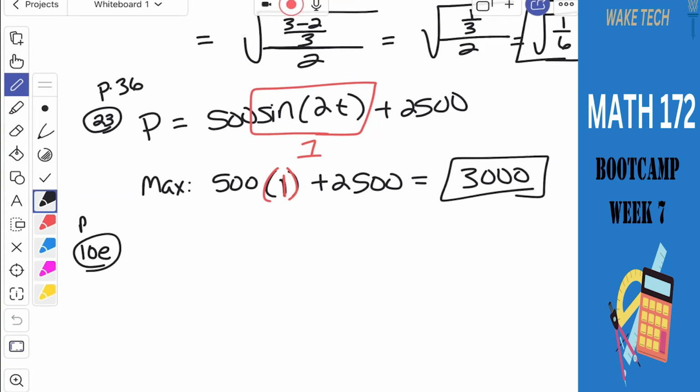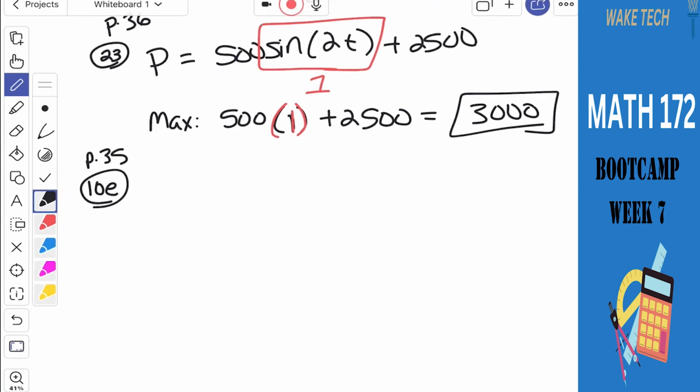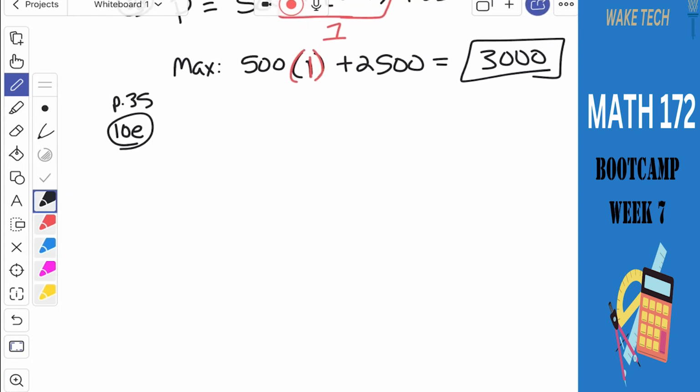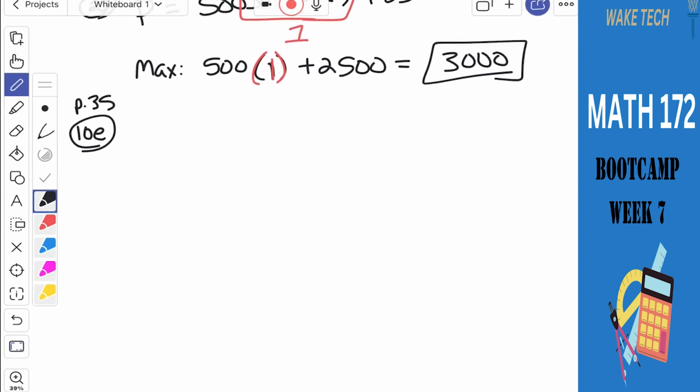So 10E off of page 35. Similar to the one we did a minute ago, the first step is going to be to draw triangles. We're told that secant A is 3/2, and A is in quadrant 4.